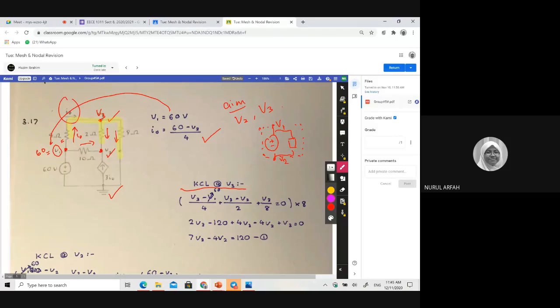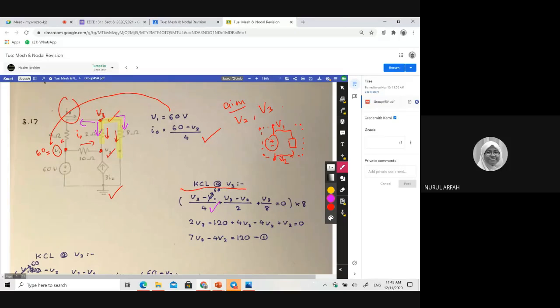If you follow the current direction according to mine, this group is doing the other way because V3 minus V1, so the group uses this direction. Minus 60 divided by 4.